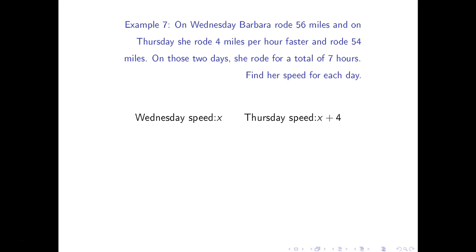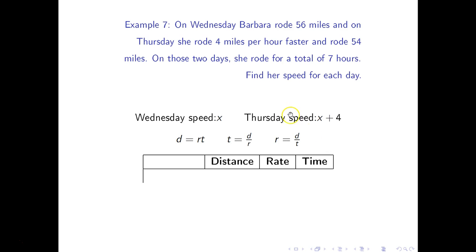Okay, that's pretty good. Now let's collect the information. And one thing to help, this is again one of those rate distance kind of problems. So I'm going to use a table. And I'm just going to write out all these formulas to keep in mind. Distance equals rate times time, time equals distance over rate, rate equals distance over time. Okay, so we have Wednesday. What was our distance on Wednesday?